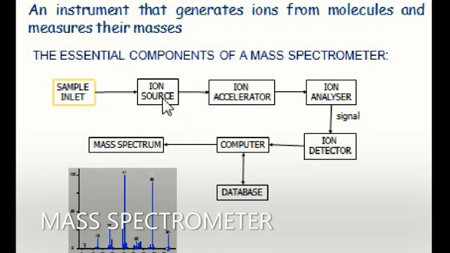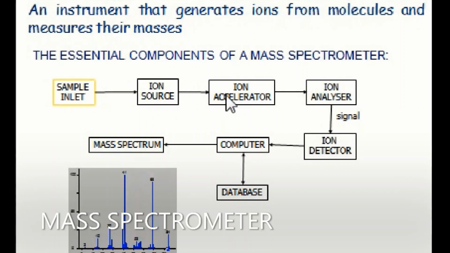It is moved forward to the ion accelerator. As the ion is positively charged, a number of electrodes with a negative charge are attached here. As it goes towards the negatively charged electrodes, it moves at a particular speed based upon the charge.